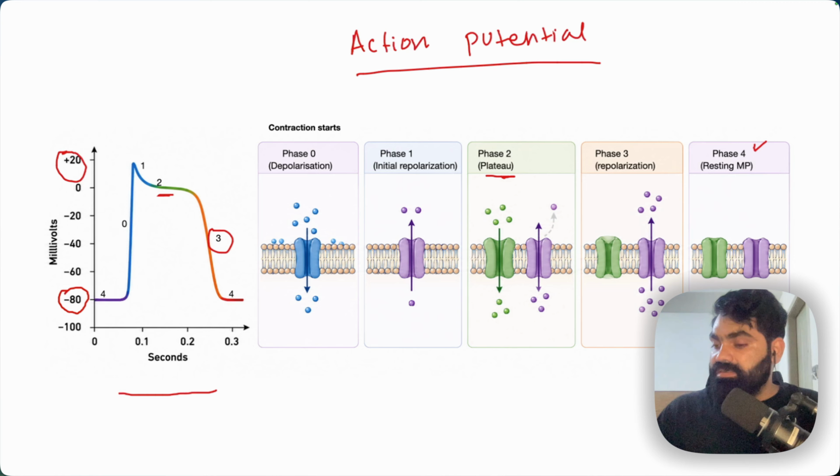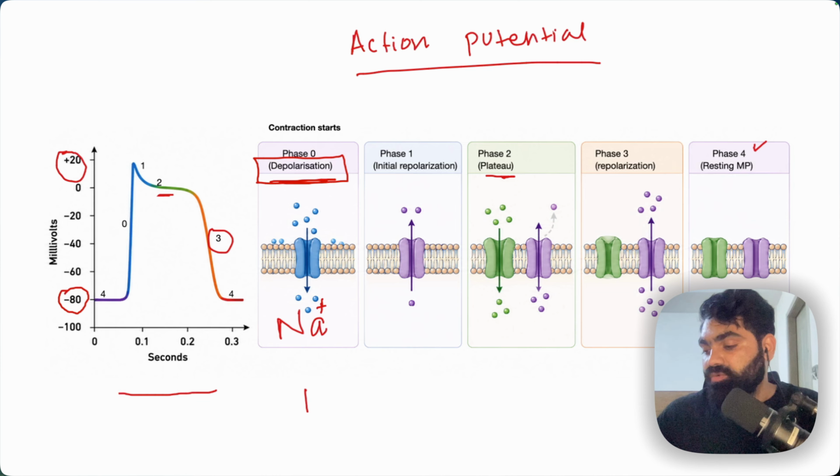If we talk about what is happening at the depolarization stage, specifically at phase 0, there is a lot of sodium influx inside the cell, and that changes the cell membrane potential polarity from minus 80 to 20. We call it depolarization because the cells of the heart are already polarized.